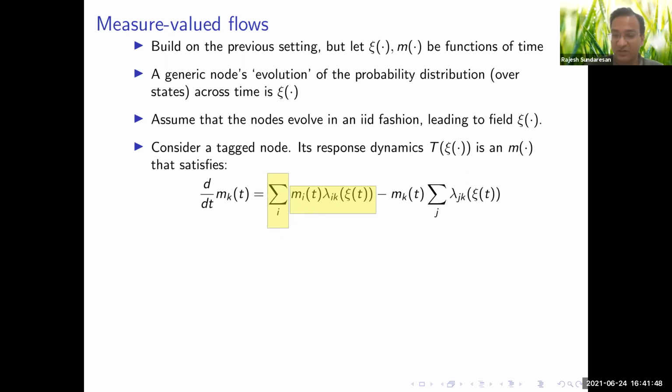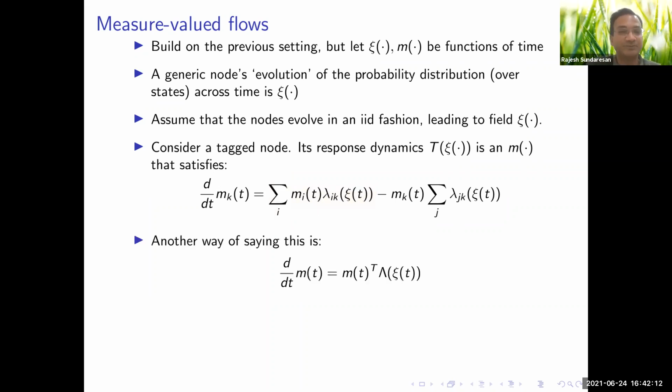So we just write this down. I'll connect it with the Kolmogorov forward equation a little later. But at this stage, I'm just asking that the dmk by dt match the inflow rate and the outflow rate coming from the mean field. And the mean field tells me what the transition rates are. And the mi of t is the probability that I am in state i at time t.